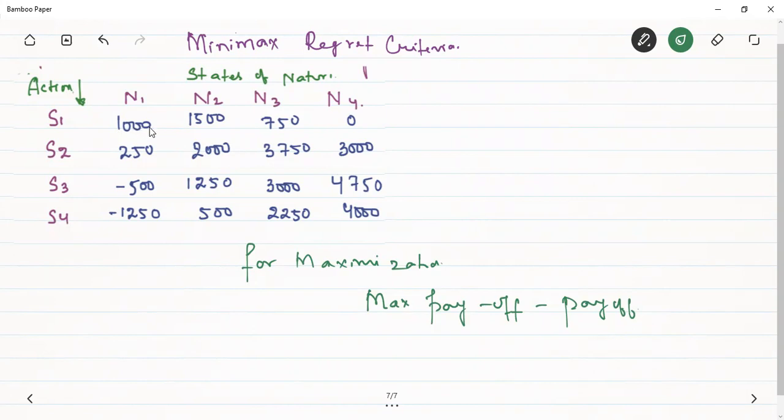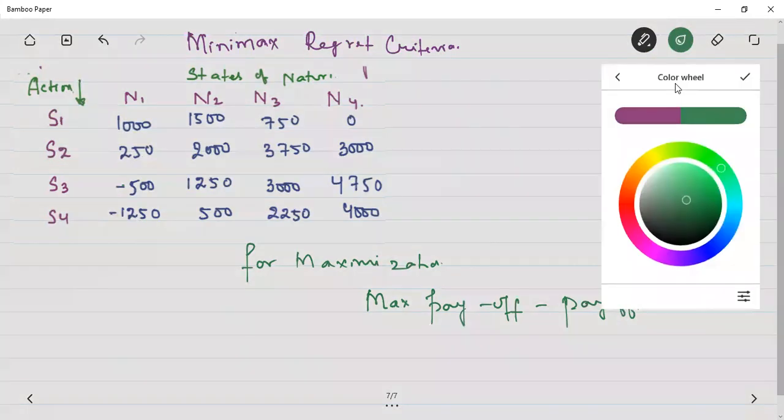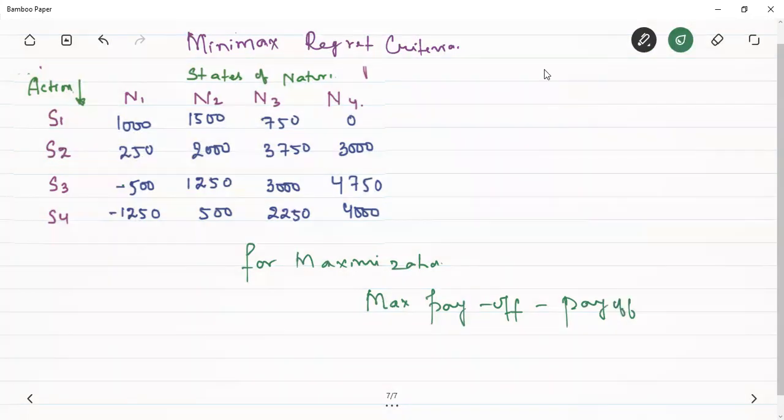So 1000 minus 1000 will be 0, 1000 minus 250 will be 750, 1000 minus minus 500, in fact, will be 1500, and 1000 minus minus 1250 will be equal to 2250. Similarly for all the other states of nature, we have to calculate the regret table. So this regret table can be written here.